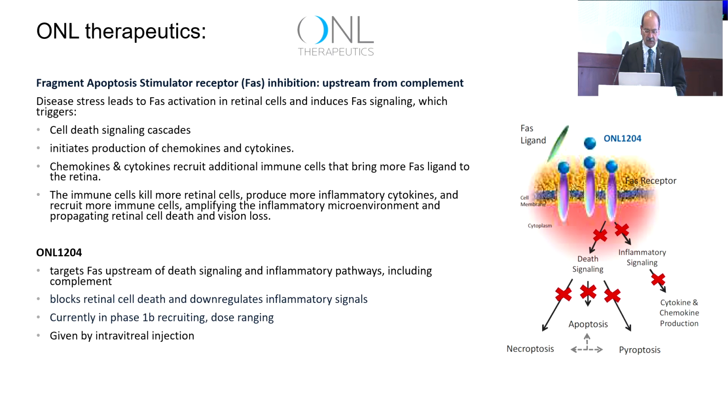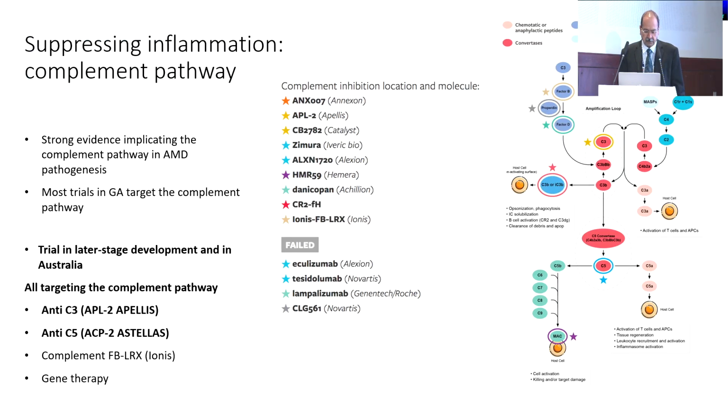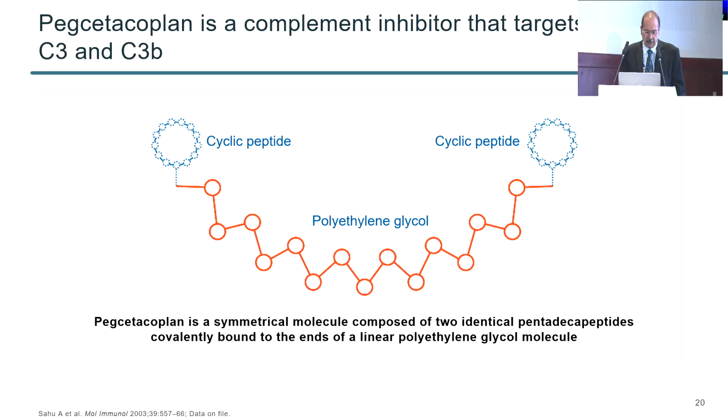And then there's also the other early inhibition of complement. But what we've got in hand and what's around the corner is to do with C3 and C5, which accumulate in drusen and the sub-RPE space in AMD. So I'm going to talk about the C3 and then C5 inhibition studies.